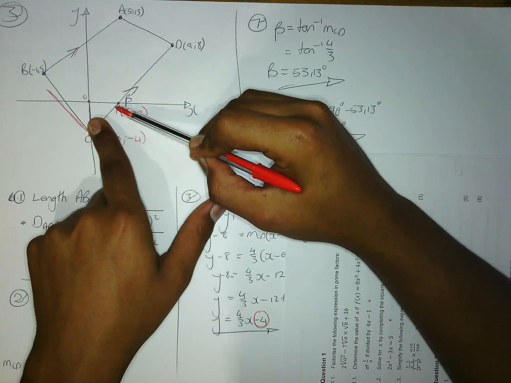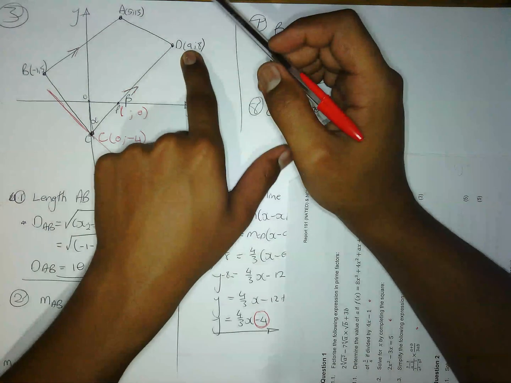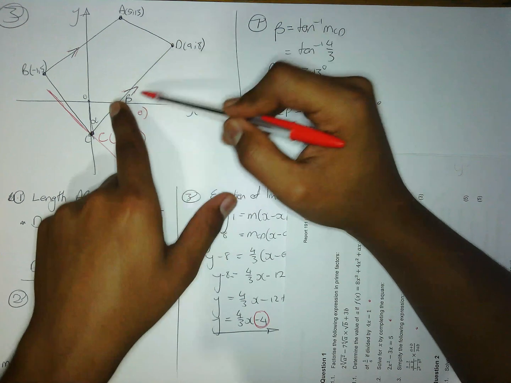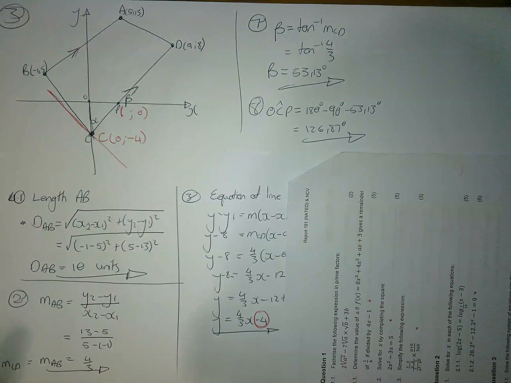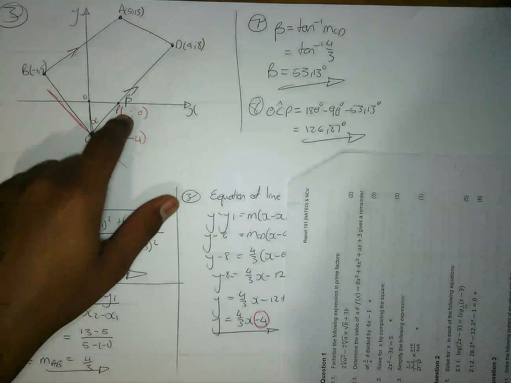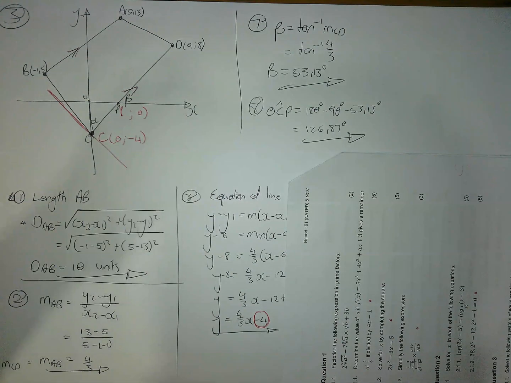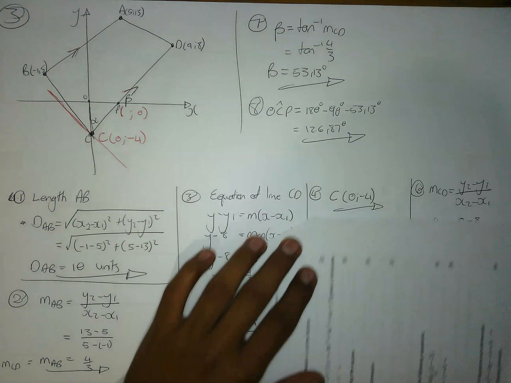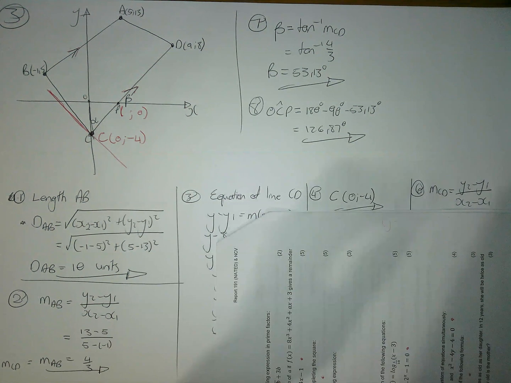So I can use any coordinates here. I can use C and D to get the same gradient. If I use D and P, or C, I'll get the exact same gradient. So I'm going to use coordinate P and coordinate D to get my x coordinate there. So I first write down my formula for gradient.